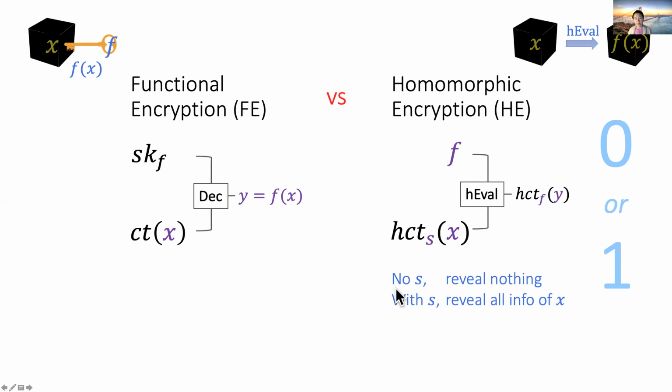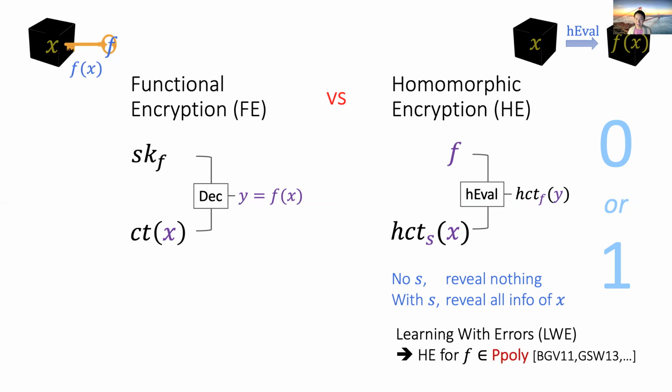On the other hand, if a person does not know the almighty secret key, then absolutely no information is revealed whatsoever. This is what I mean by the all-or-nothing, or 0 or 1, nature of this kind of security goal. Cryptographers are really well versed in achieving this type of security goal. In particular, for homomorphic encryption, assuming learning with errors, we know how to create homomorphic encryption that can evaluate all functions that can be represented as polynomial-sized circuits.